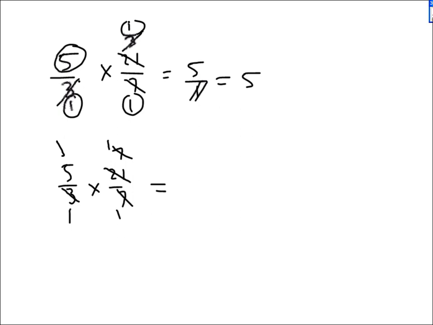We're left with 5 times 1. We can't reduce anymore. 5 times 1 is 5 over 1 times 1, which is 1. The rule for dividing by 1 is don't. Just get 5. And yes, we got the same answer. We did it 2 different ways, but yet we get the same answer.